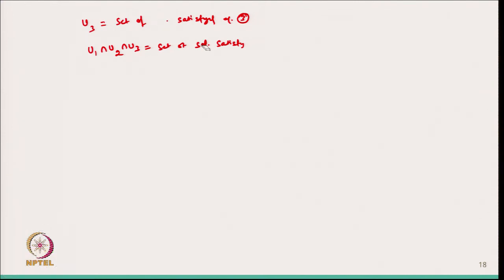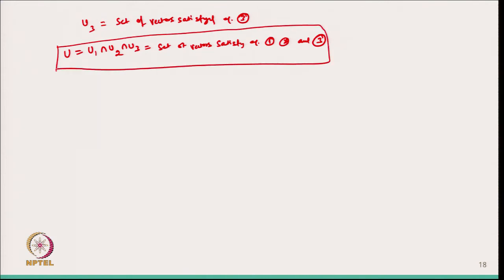This is the set of vectors satisfying equation 1, 2 and 3 together, and you can check that this is equal to U. This way we can define the intersection of the sets.